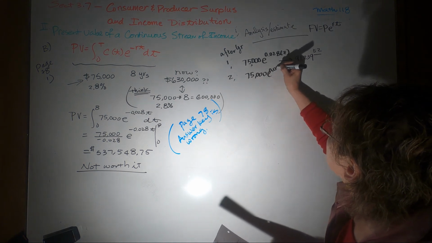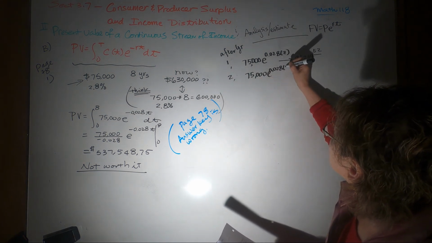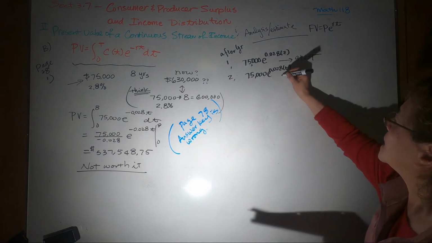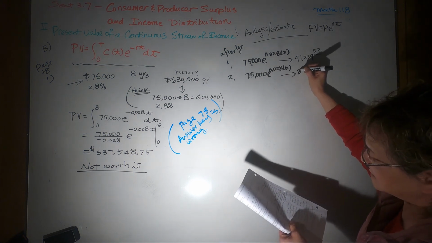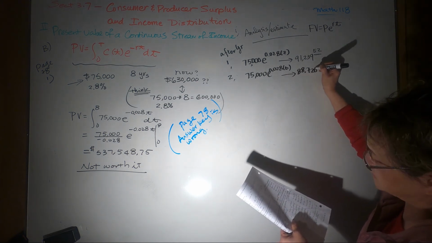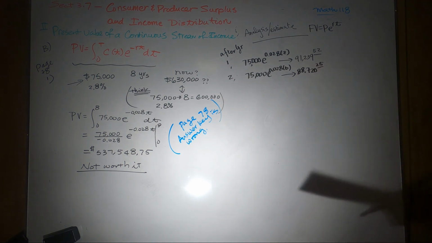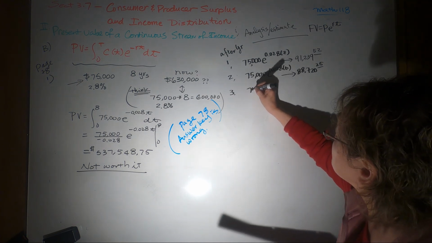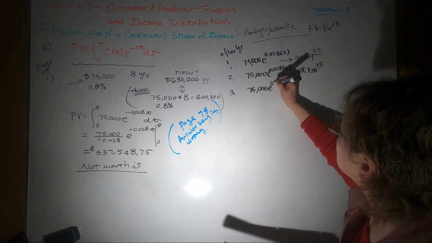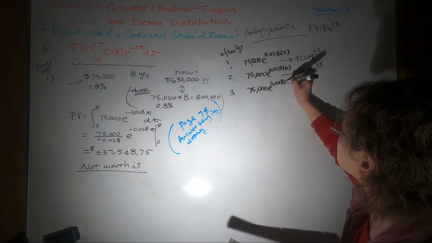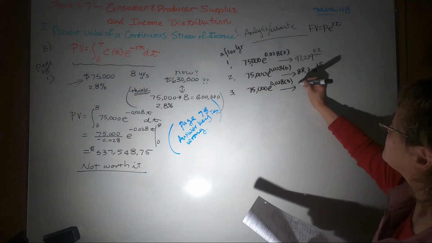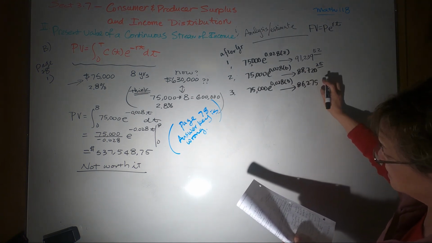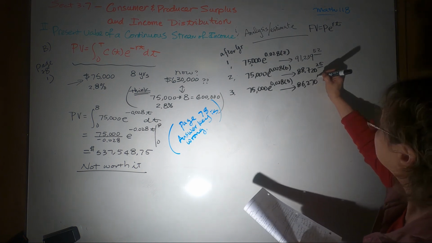Then for the second year, I will have 75,000 e to the 0.028 times 6 years, after the second year till the 8th year. So I will have 88,720.25. I just wanted to write down all the numbers so you can see how the analysis can be done. Then I have 86,275.70.53.